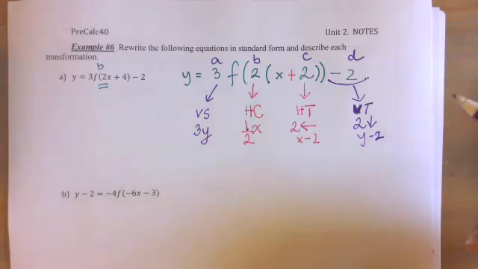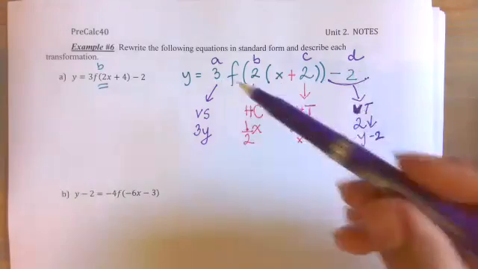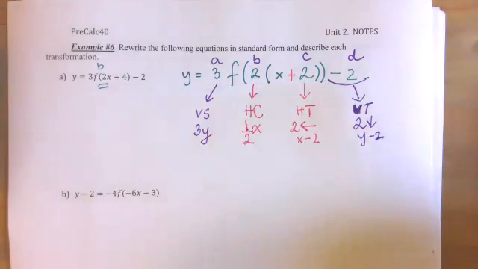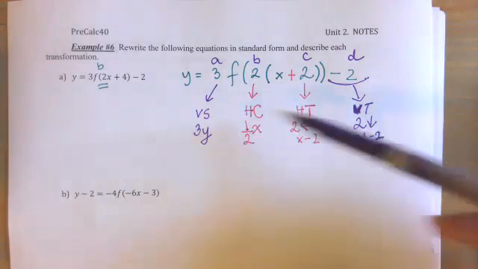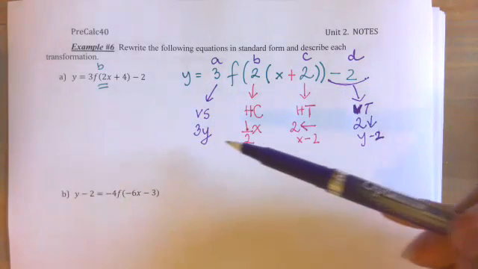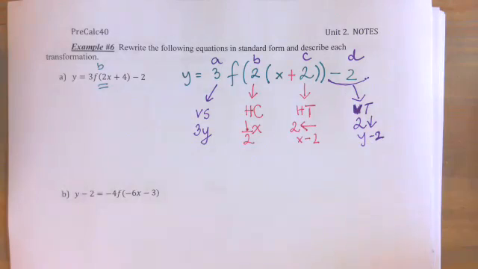So if I do ask you a question like this, to write a standard form and describe the transformation, that's all you have to do. Call it what it is, so name it, and then say what's going to happen to the coordinates of the points.